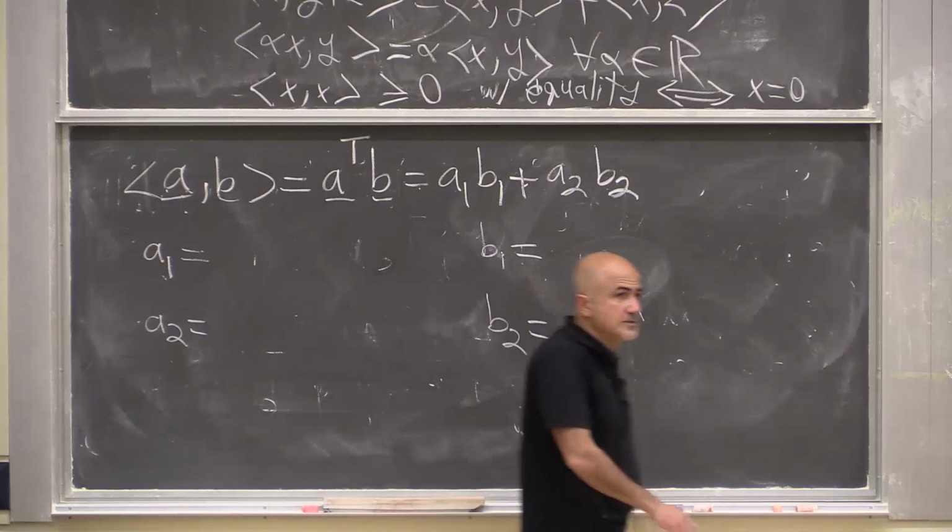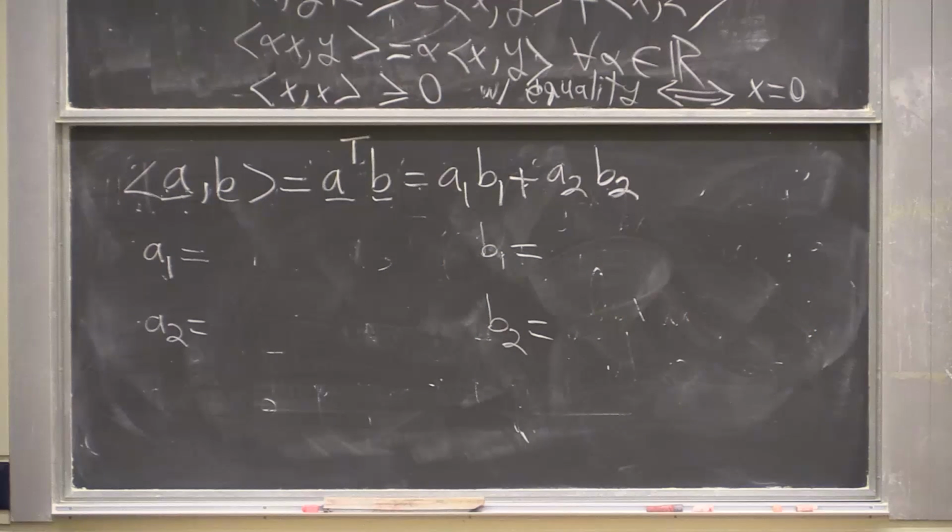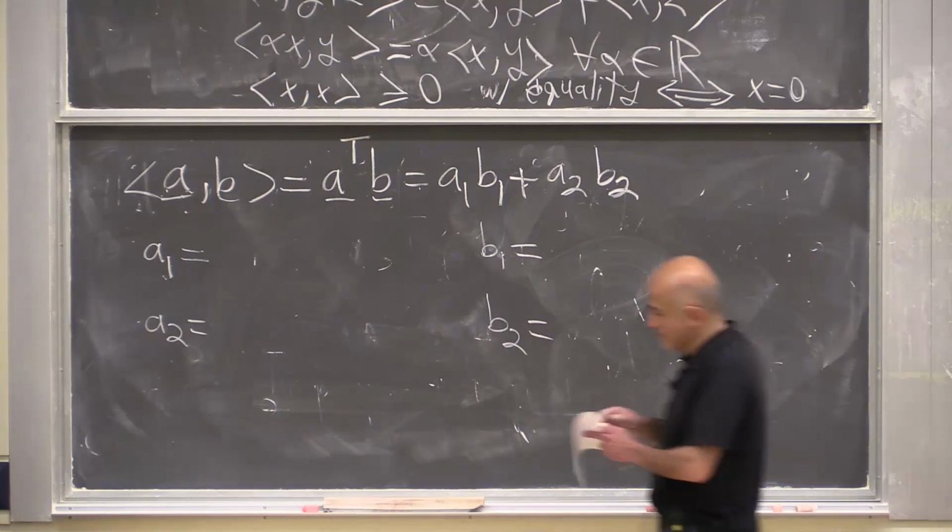Can you work with your neighbors and tell me, if I tell you B and A and the angles, what would be the corresponding components here? What is A1?